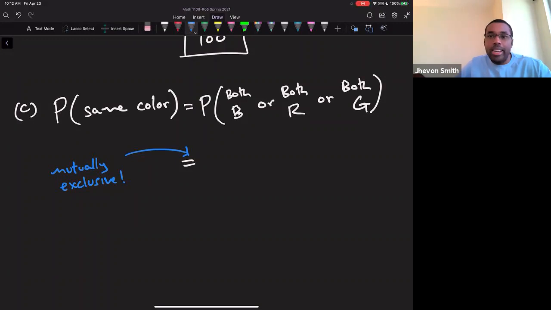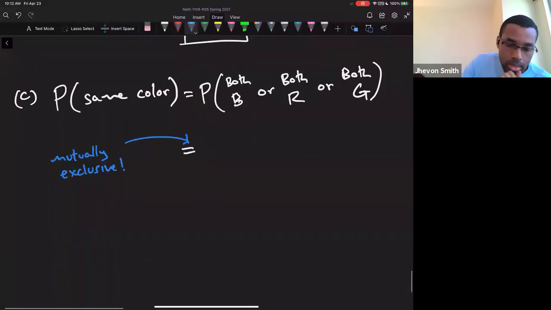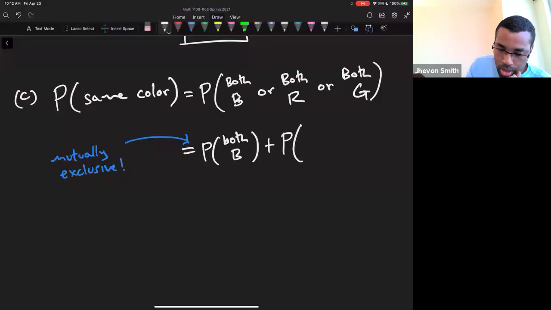You chose two green. They couldn't occur all in the same experiment because you would have made more than two choices. So that means we can actually add the probabilities. So this is both blue plus both red plus both green.